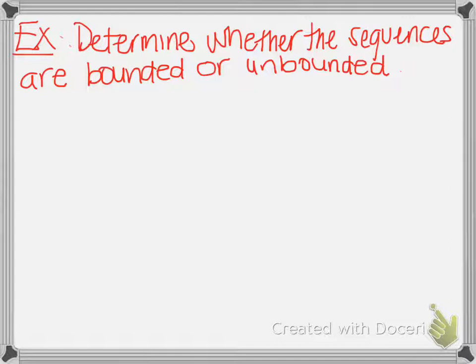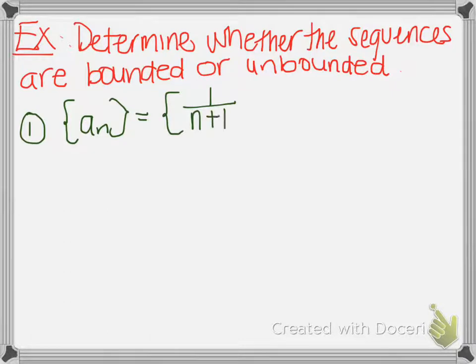So our first example will be: let a sub n equal 1 over n plus 1, the sequence 1 over n plus 1, where n is 1, 2, 3, dot, dot, dot. Okay.